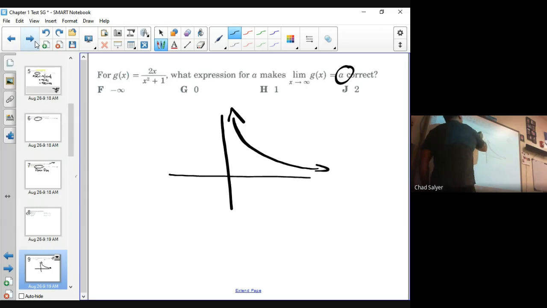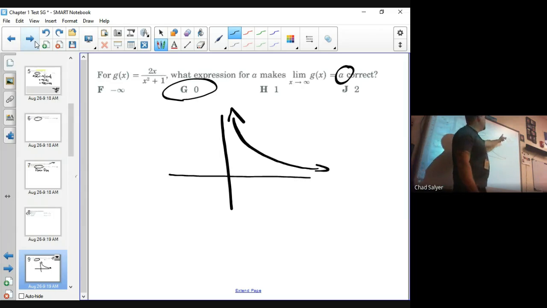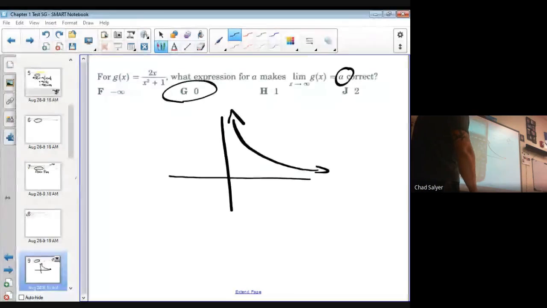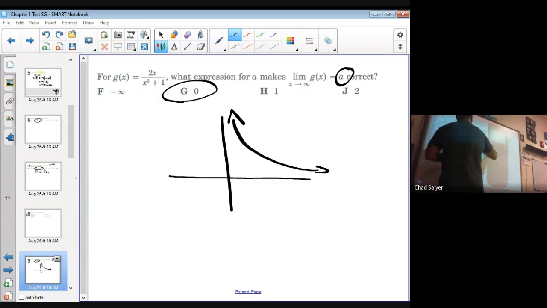In other words, closer and closer to 0. So the limit as x goes to infinity of g of x, in this case, is 0. And that's a graphical problem. If you punch it in the calculator, it would be obvious. Let me share the whole screen here so you can see my calculator.